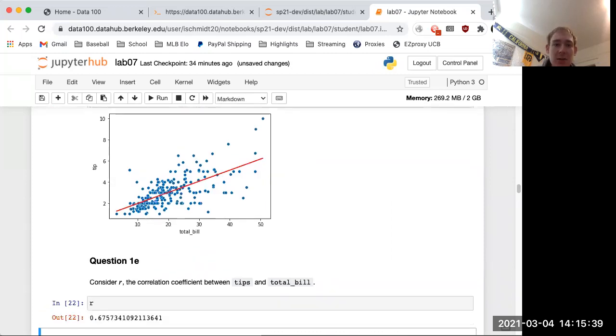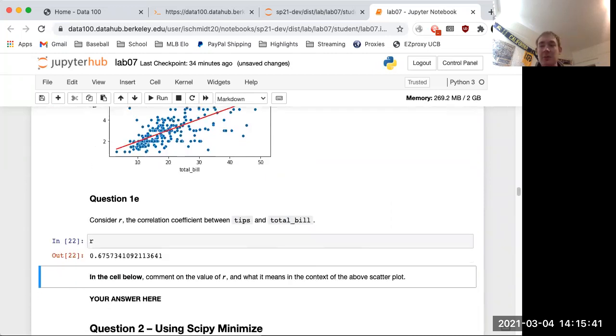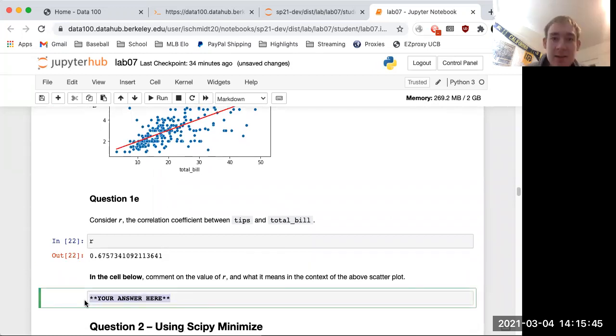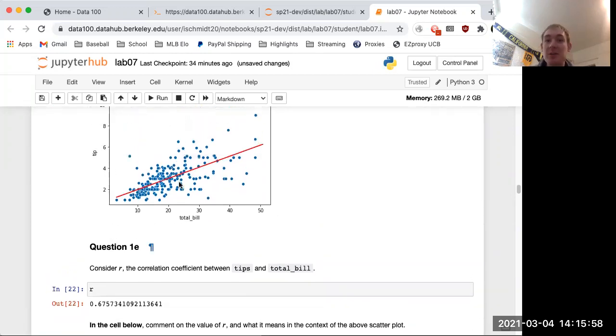So now here's what R is. R, we saw before, is about 0.675. Well, what does this actually mean in the context of the scatter plot? The first thing you should ask yourself is, is this positive or negative? And the answer is, it's positive. A positive correlation means that there's an upward positive relationship between total bill and tip. And hopefully you can see that, as total bill increases, so generally does tip on average.